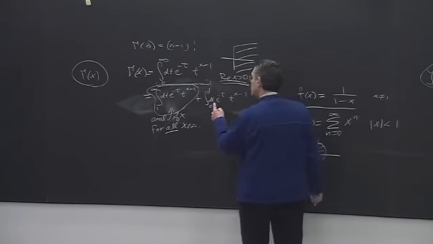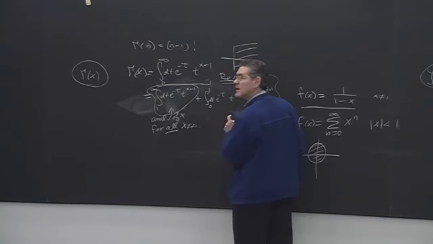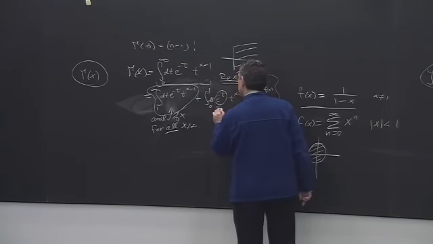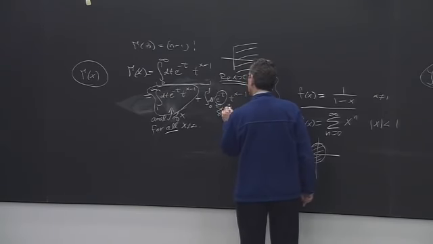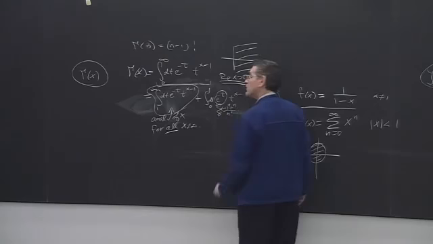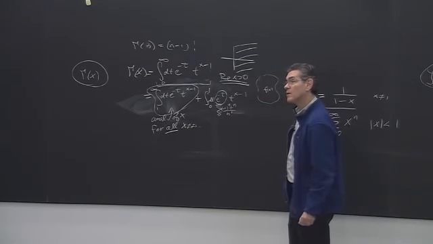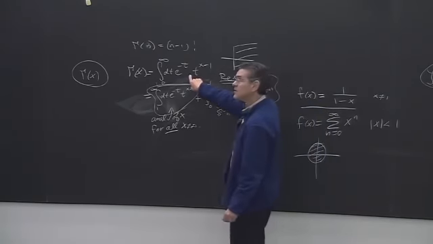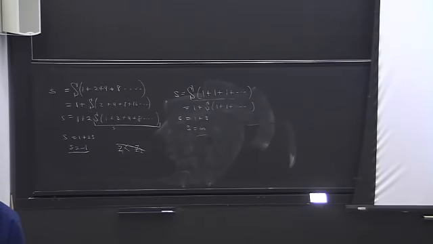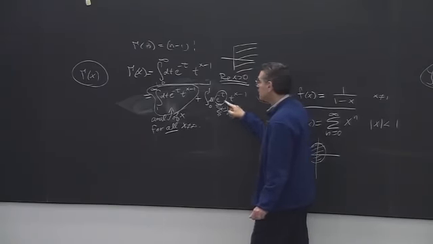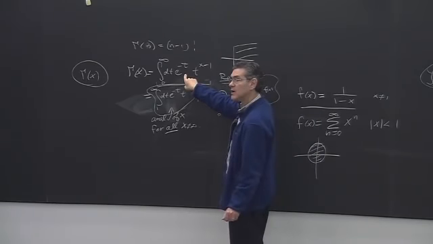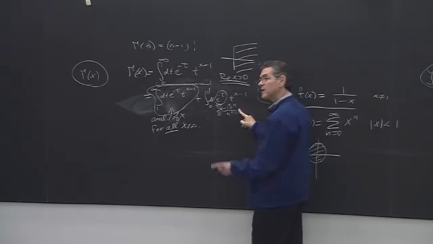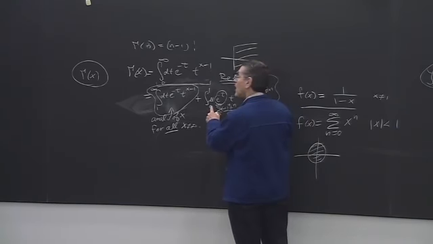But on the range from 0 to 1, it is perfectly valid for me to write e to the minus t as the sum from n equals 0 to infinity of minus 1 to the n, t to the n, over n factorial. You don't have any problem with that. I couldn't have done that in the first integral because this series representation is not valid at t equals infinity. But this series representation is valid on the range from 0 to 1.